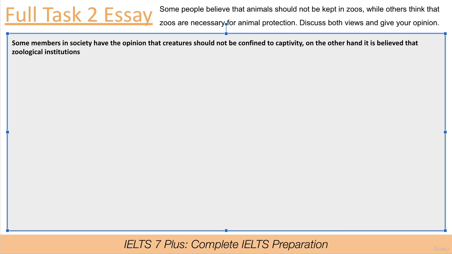So, on the other hand, it is believed that zoological institutions are imperative for maybe conservation efforts.